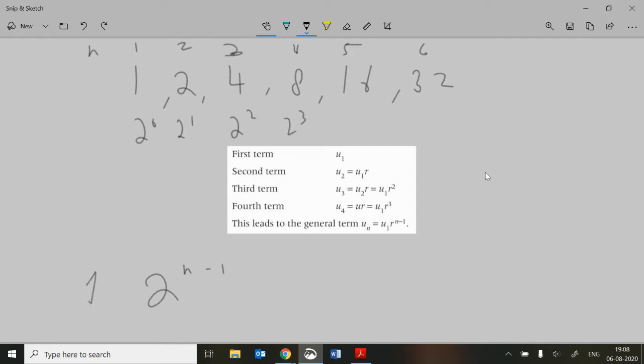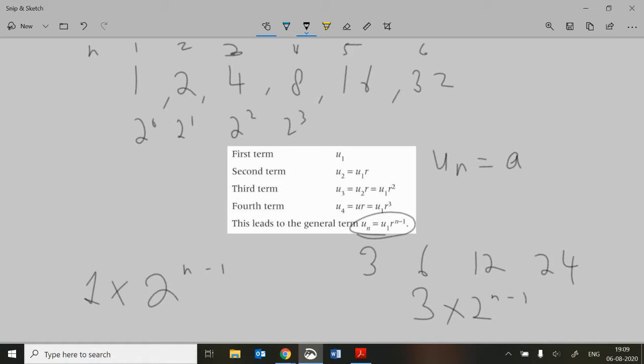And we can also times this by the first number. In other words, we can scale the whole thing up by starting with, let's say, 3 instead. If we did 3, 6, 12, 24, this would be 3 times 2 to the n minus 1. In other words, the general term is u_n equals the first term, which I call a, they're calling u1, times r to the n minus 1. r is the common ratio.